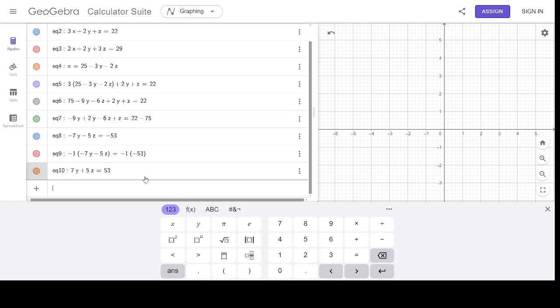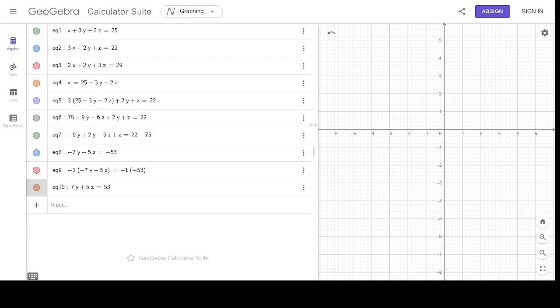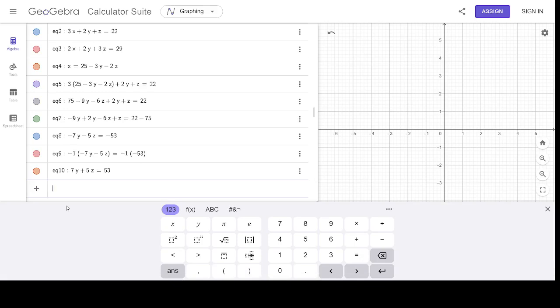Now the second step is to substitute the expression for x in the third equation, this one here. What we're going to do is write equation 3 with the value of x substituted.